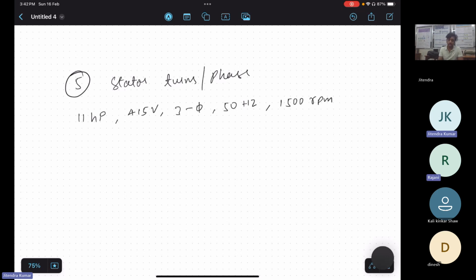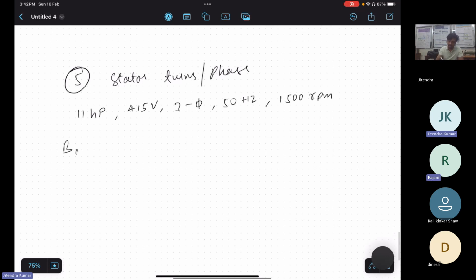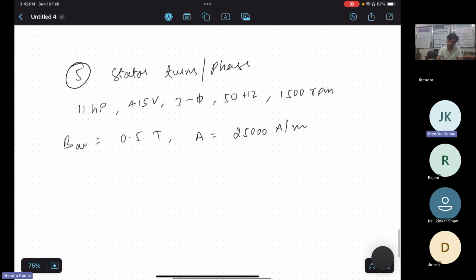Again, magnetic loading is same, 0.5 Tesla. Electric loading is same, 25,000 ampere per meter. Now, efficiency at full load is 0.82. Power factor is 0.85 lagging.